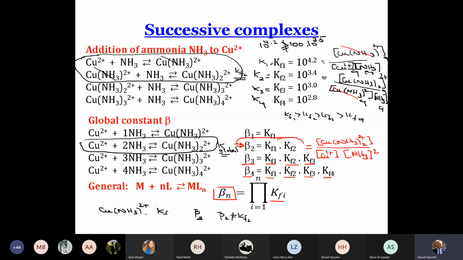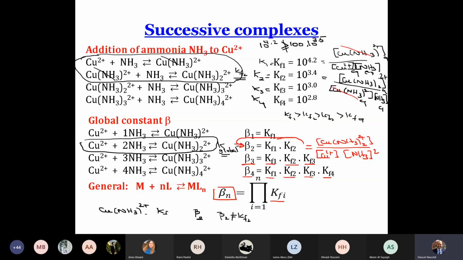For complex 1, beta 1 is equal to Kf1. For complex 2, we have Kf2 and we have beta 2, and Kf2 and beta 2 are related: beta 2 equals Kf1 times Kf2. For complex 3, we have Kf3 given or beta 3 given, or the global reaction of 3, and beta 3 equals Kf1 times Kf2 times Kf3, and this is also the same for Kf4 and beta 4.